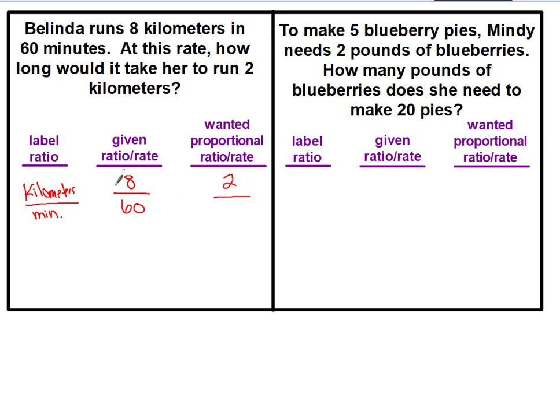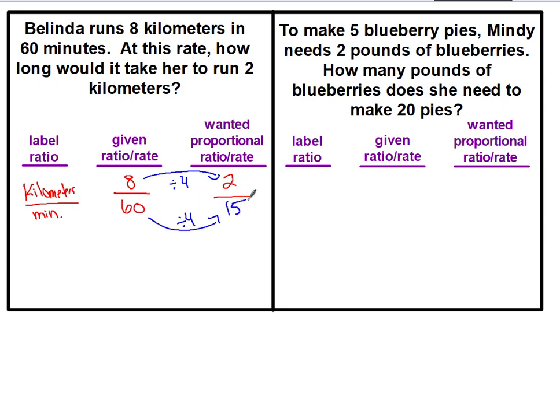So here I have an 8, I'm trying to get to a 2. So what do I do to the 8 to get to the 2? Well, I could simplify it by 4. 8 divided by 4 gives me 2. So what I do to the top, I do to the bottom. 60 divided by 4 equals 15.